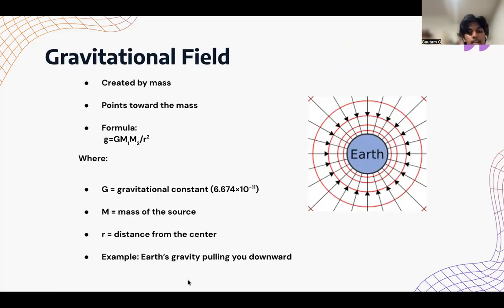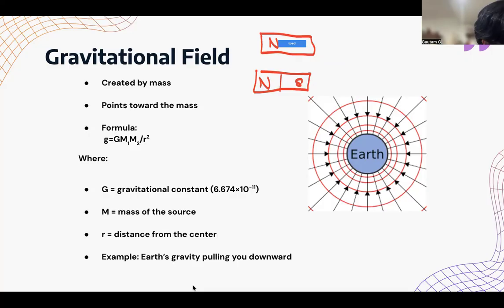It's almost like a propeller, but it's using forces. So let's say you have two magnets like this, north and south, and then you have north and south right above each other, right?